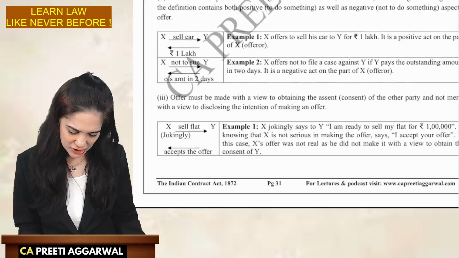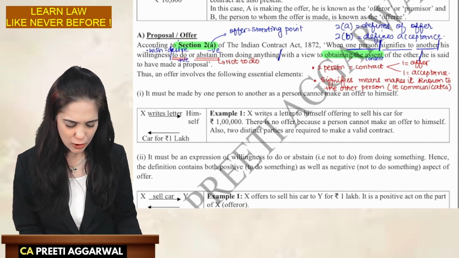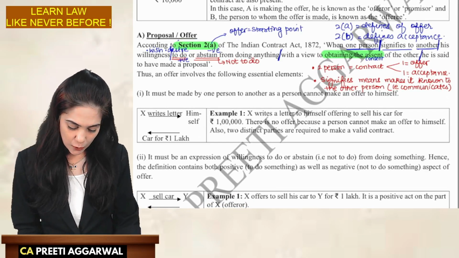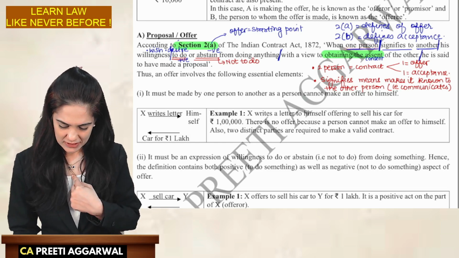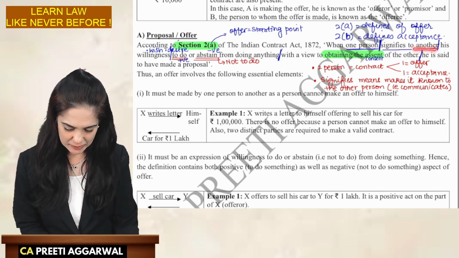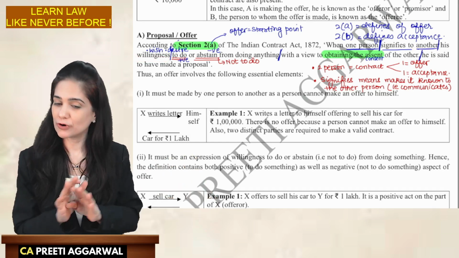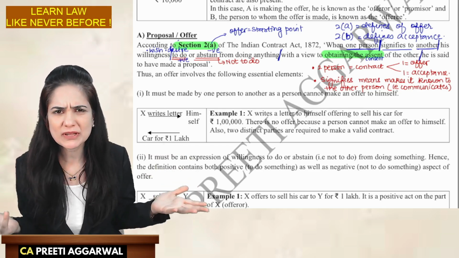Let us read the definition again and see if we have understood each and every aspect of offer. When one person signifies, means communicates, to the other person his willingness to do or not to do something. Why are we doing all this?